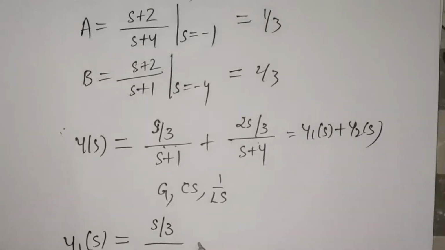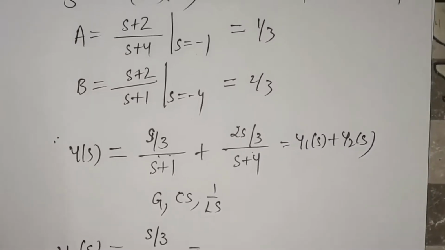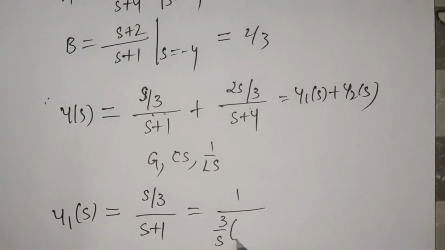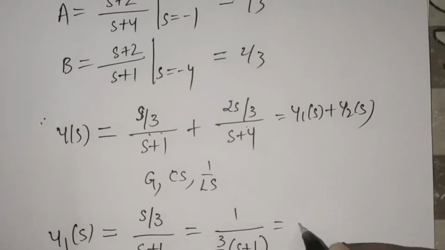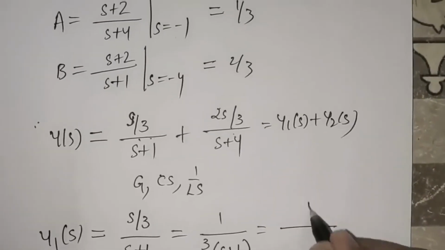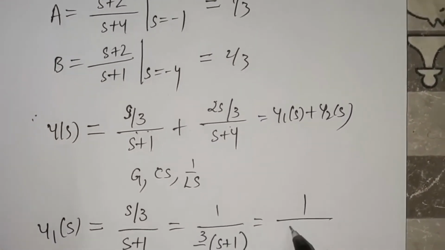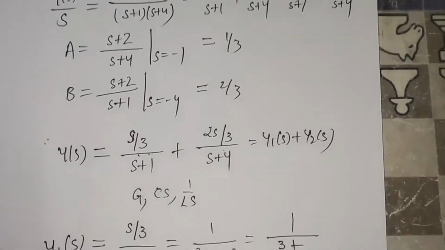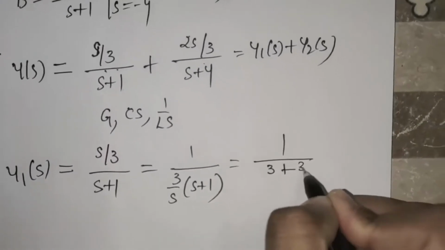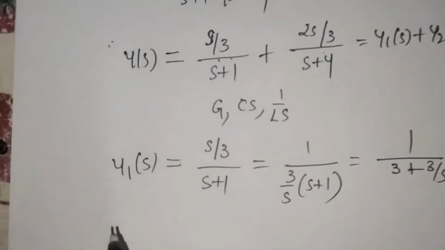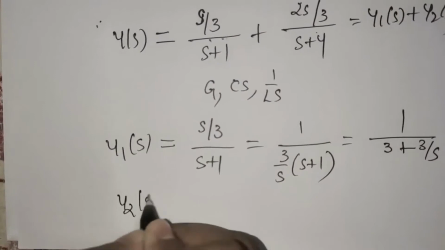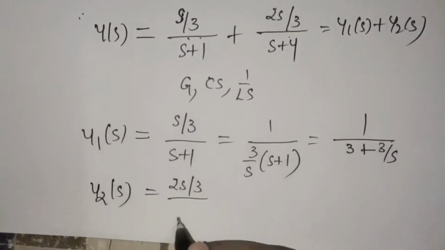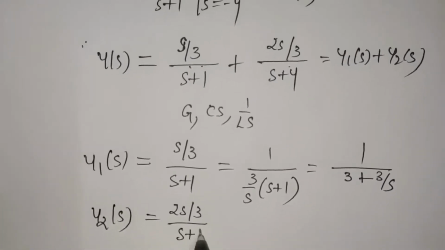So the numerator should be made 1. So this I can write as 1 divided by 3 by s into s plus 1. So this is 1 divided by 3 plus 3 by s.